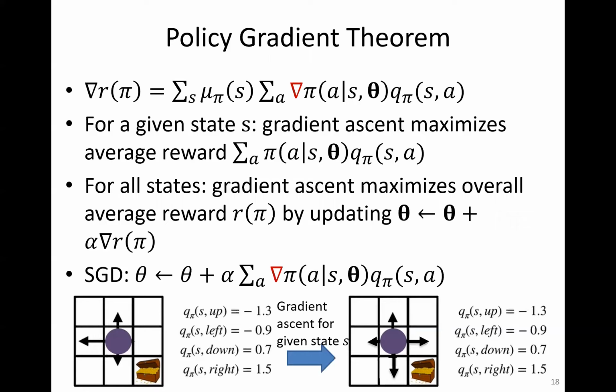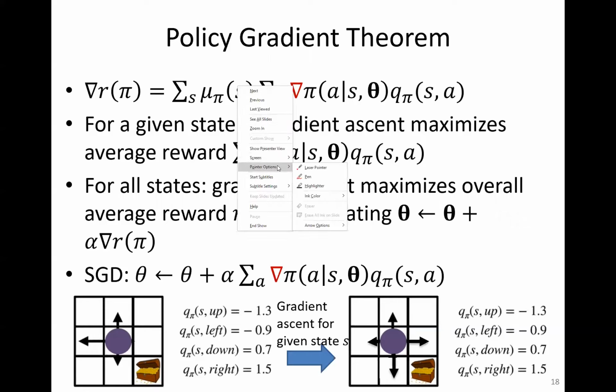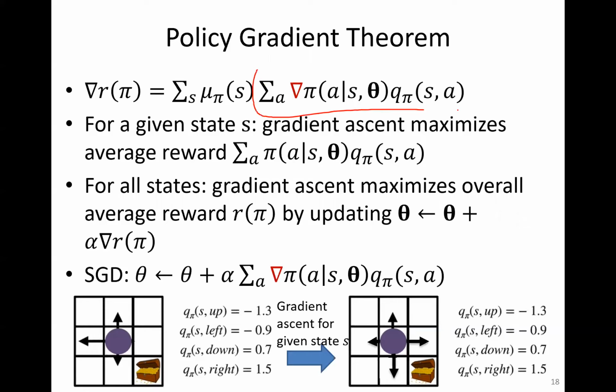So for a given state S, this inside term maximizes the average reward in that state. And averaged over all states, it maximizes the overall average reward by updating the parameter theta with, now it's plus, gradient ascent, plus alpha times the gradient.